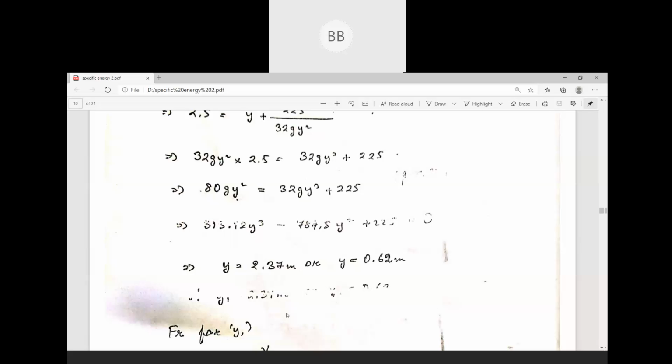You can use your calculator also. One value is 0.62 and the other is 2.37.